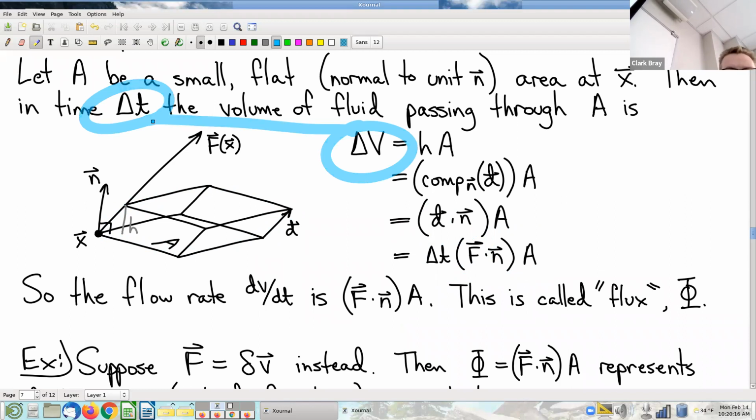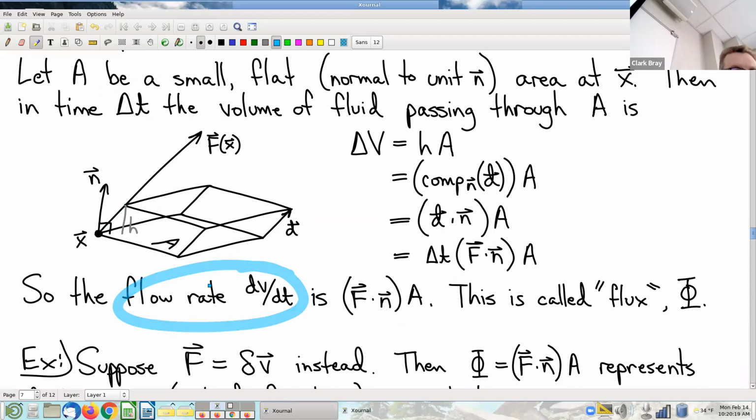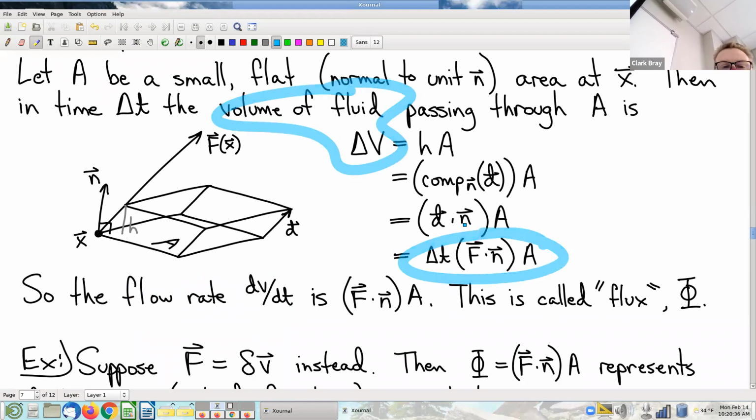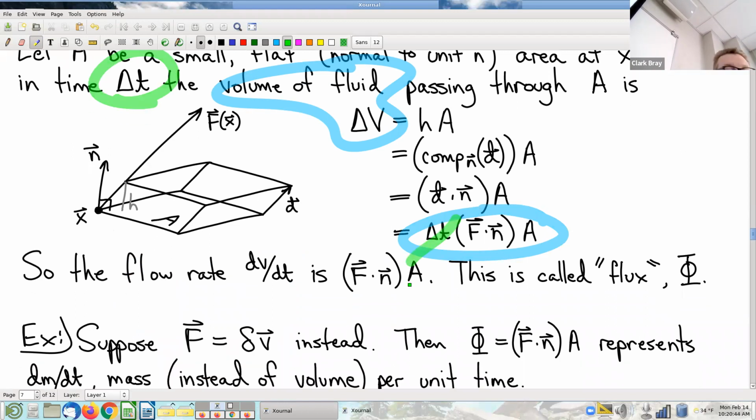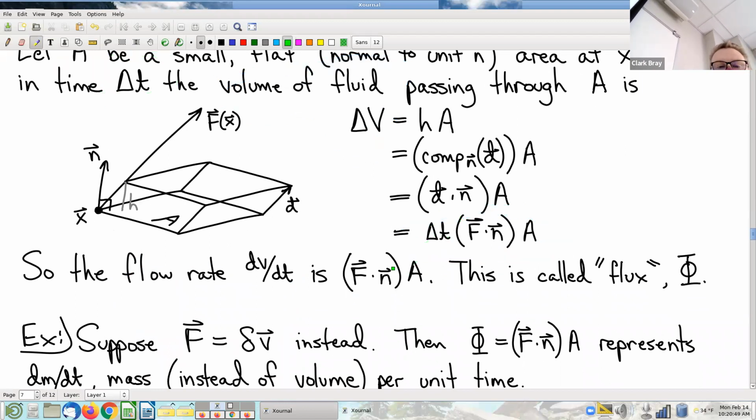Knowing the volume is nice, but if you want to know how much water is going through this pipe, or how much seawater is going through the net and inferring how many fish you're going to catch, the actual flow rate, you take the volume and divide by delta t, which cancels the delta t that's part of the calculation we just did anyway. And sure enough, you've got an answer, and it's just the leftover, just this part.